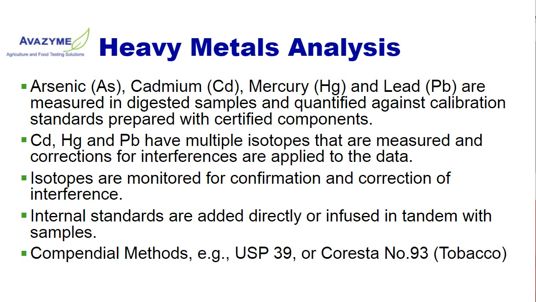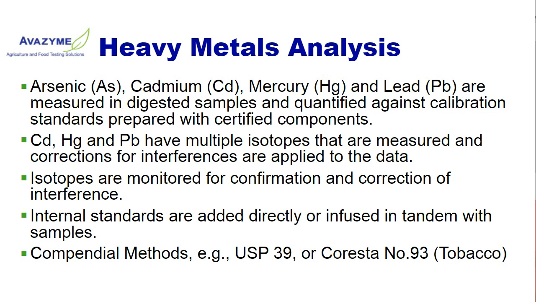The isotopes are monitored for confirmation. And then we have guidelines on which of them to report, and in case of lead, we'll report them summed. We use internal standards. In our case, we typically use thallium and yttrium, and we infuse those in tandem with the samples.